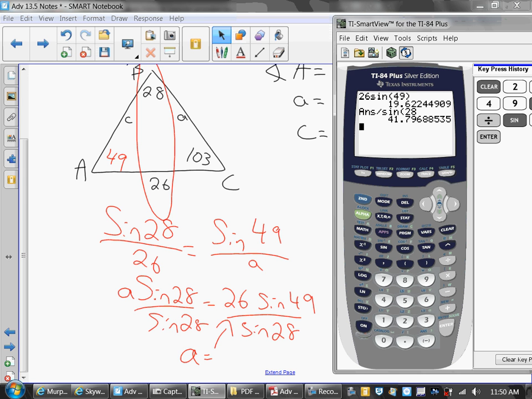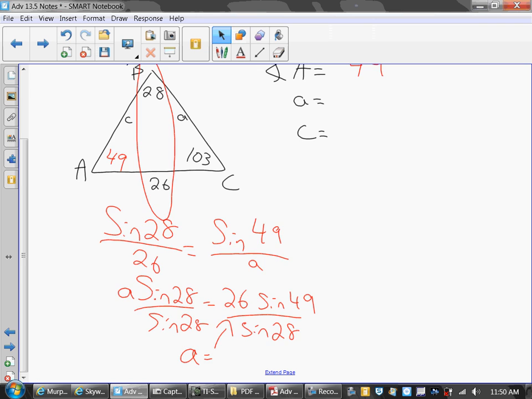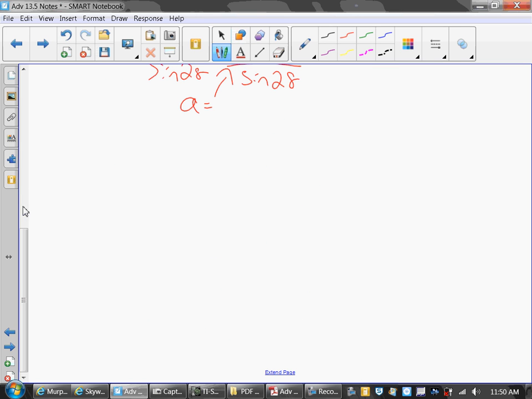So that means that side A is, remember, we round to 2 decimals, 41.8. 79.6 rounds up to 0.8. You agree on that? So I know that side A is 79.8.